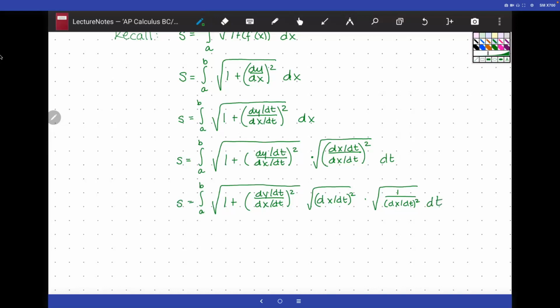Why does it change from dx to dt? You still have dt's in the third line, but you've got the integral dx.